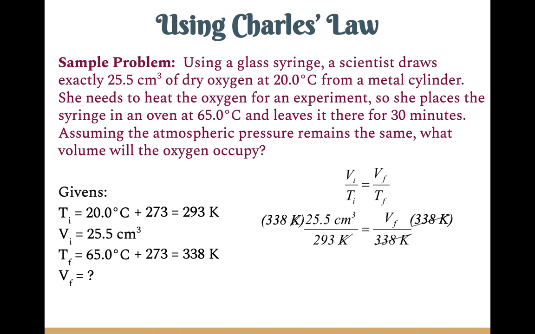Kelvin cancels. So when we put this into the calculator, 338 times 25.5 divided by 293, we get a final volume of 29.4 centimeters cubed. So that's our final volume after the oxygen in the syringe has been heated up.